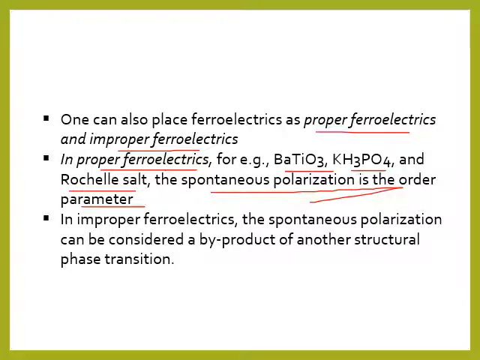In improper ferroelectrics, the spontaneous polarization can be considered a byproduct of another structural phase transition. By changing the temperature, a different phase transition takes place, and as a byproduct, spontaneous polarization is created. Here the spontaneous polarization is created as a main product, and there as a byproduct; these are called improper ferroelectrics.